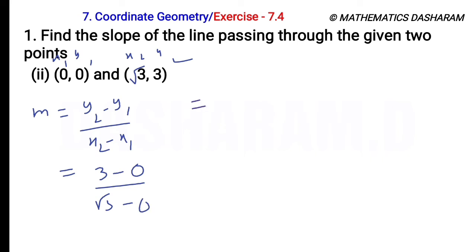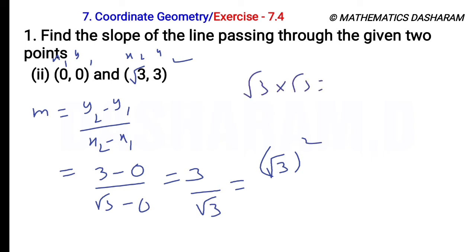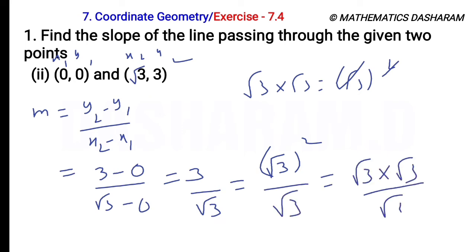So 3 minus 0 is 3 and root 3 minus 0 is root 3. We can simplify it further. 3 can be written as root 3 whole square, because root 3 into root 3, divided by root 3. So root 3 square can be written as root 3 into root 3. So the answer is root 3.